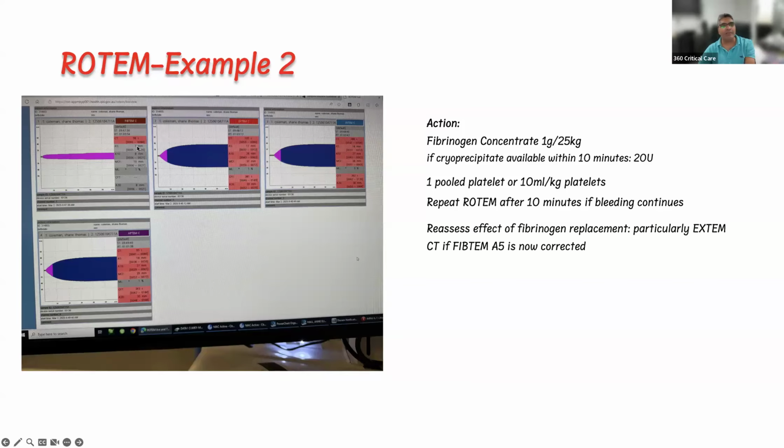So you can see this A5 is 7 and in the EXTEM A5 is 17. So the rise in the A5 is only 10, which may also be an indicator of platelet deficiency. You need around a 20 increase from that to there. A5 should increase from 7 to 27 to say that the platelets are adequate and it's only fibrinogen.